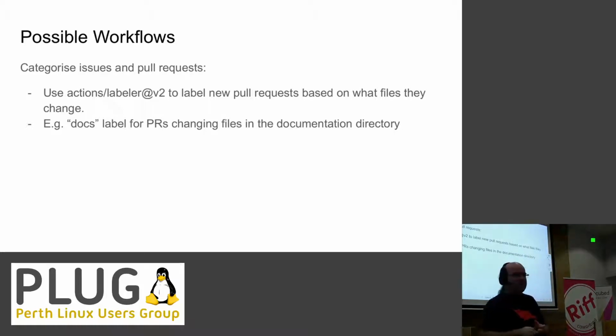So again, this was one of the ideas: if you've got a project where there's different people working on it, responsible for different parts, so you've got a documentation directory in your project, you might decide that you're going to tag any pull requests which touch the documentation directory with the docs tag or something, and then any of your project members can see which pull requests are worth their time to look at.